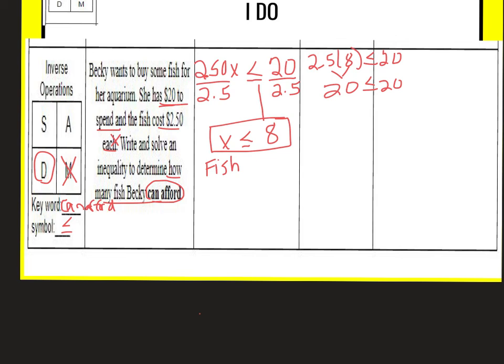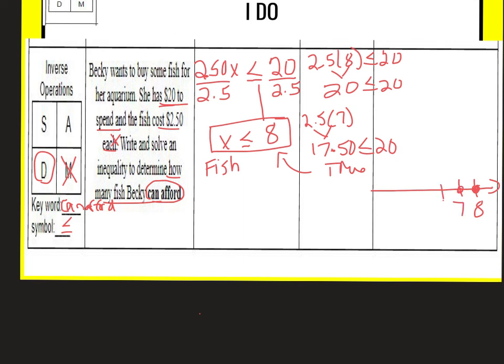If I take 2.5 and multiply it by 7 fish, $2.50 times 7 fish, that's going to give me $17.50. Is that less than or equal to 20? I'm going to say that that's true. It is less than or equal to 20. So therefore, the number of fish that I can buy has to be 8 or less.